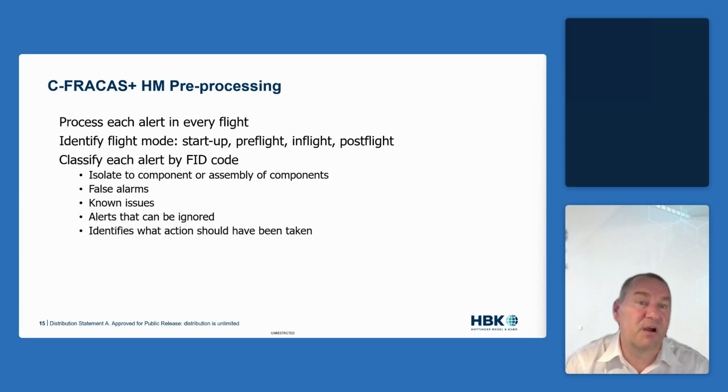Okay, so in terms of our processing, every single flight that comes in to the system that actually employs this process, we basically look at every single alert that's there. First of all, we identify the mode that the aircraft is in, whether it's in a power up or power down sequence, whether it's in a pre-flight mode, whether it's in an in-flight mode.